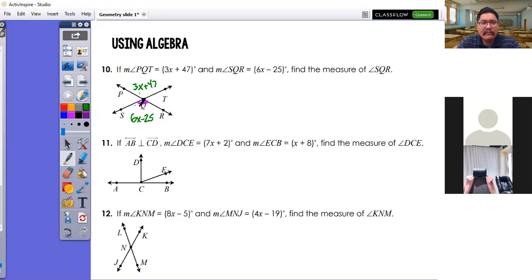All right, so what do we know about these two things? Well, they're vertical angles, and vertical angles should be equal to each other. So I'm gonna just set them equal to each other and then solve for what x should be. And again, we're gonna use our basic rules of algebra, and I wanna keep the x positive. In algebra you're dealing with a lot of negatives and positives, but in geometry you're generally dealing with things that can be measured.